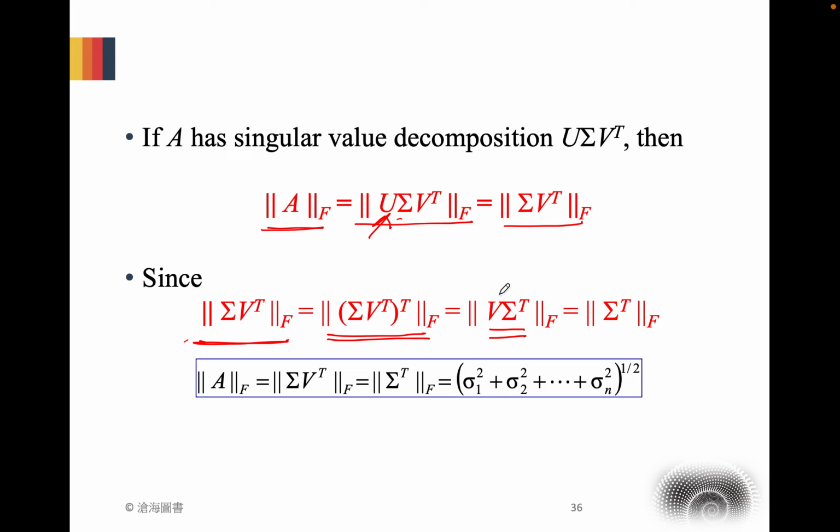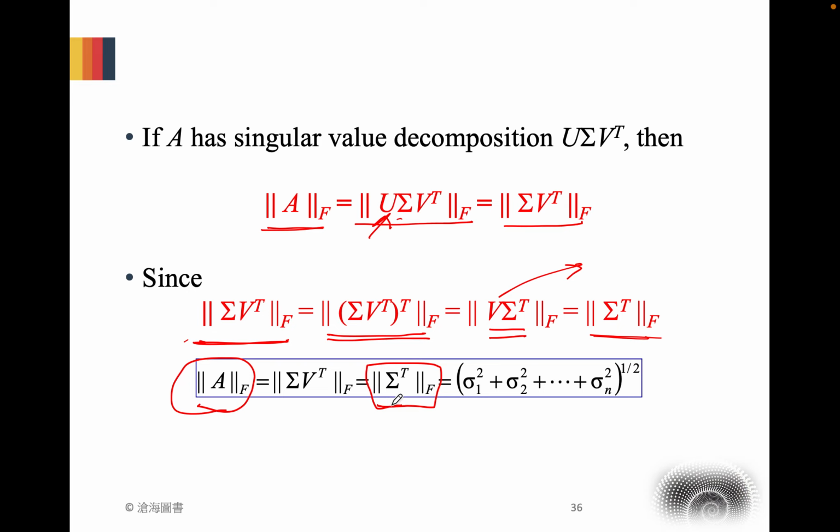And again, because V is orthogonal, the Frobenius norm of V sigma transpose is equal to the Frobenius norm of sigma transpose, right? So finally, we know the Frobenius norm of A is equal to the Frobenius norm of sigma transpose. And because sigma is a diagonal matrix, okay?